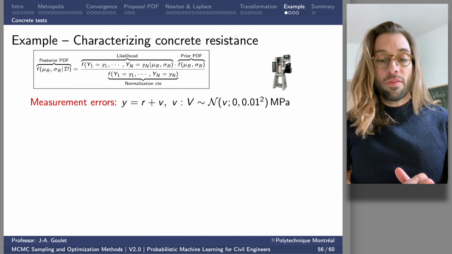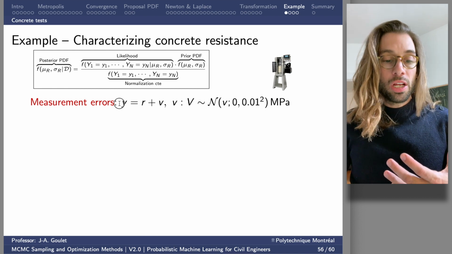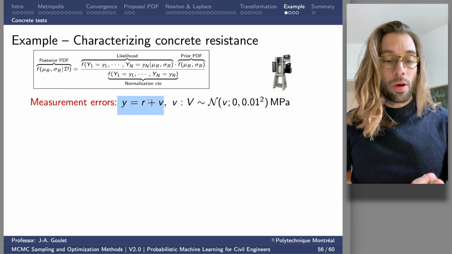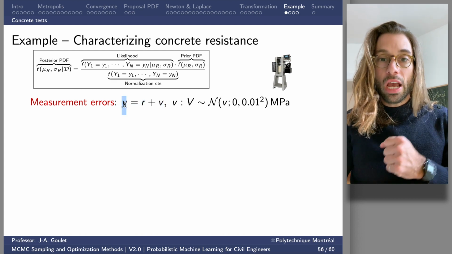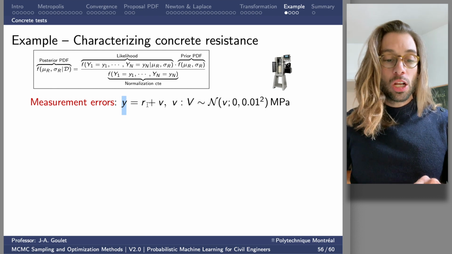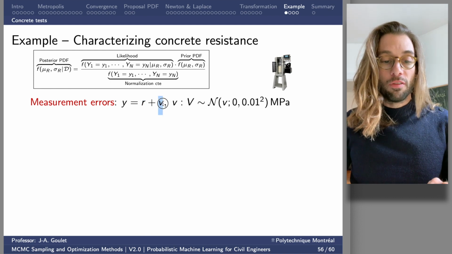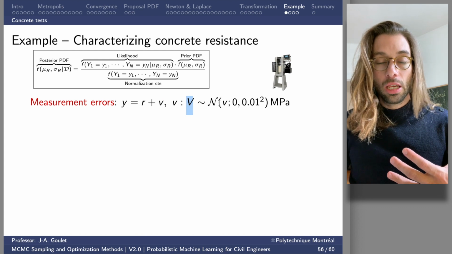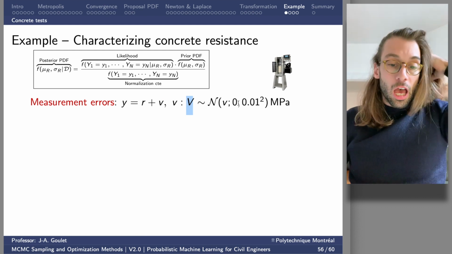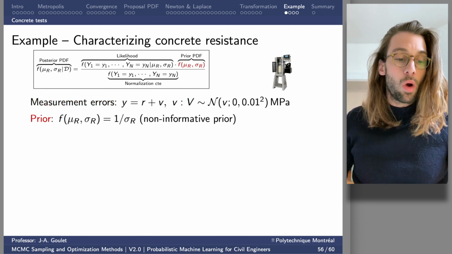So here what we have is several samples from concrete tests, where each sample can be treated as a direct observation issued from that observation model, where Y, the strength I have measured with my press, is going to be equal to the intrinsic resistance of the sample I have plus V, where V is an observation error, described by this observation error process, which is a normal random variable with 0 mean and variance 0.01 squared.